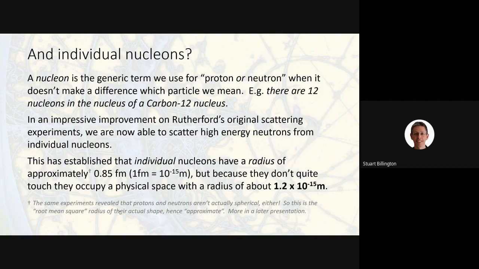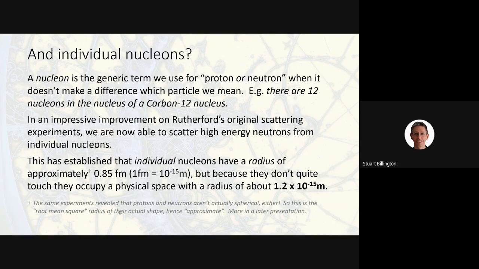And it turns out that an individual nucleon within the nucleus has a radius of just under a femtometer. So remember, the nucleus was coming in at a few femtometers. The radius of a single nucleon is about 0.85 of a femtometer. Now, that isn't a number that you need to remember, because for reasons that we will come on to on Wednesday, the nucleons don't actually touch. They're very, very close together, but they don't actually touch.